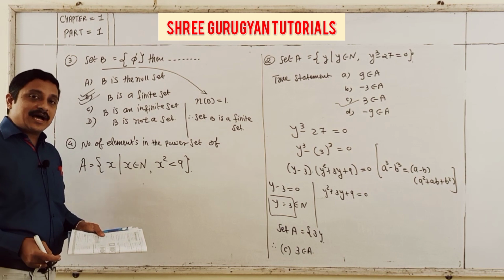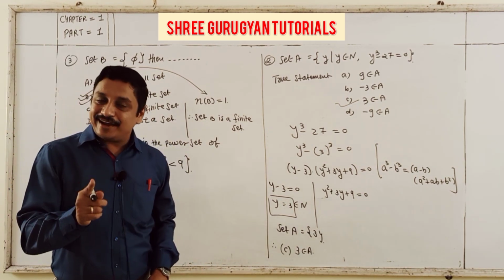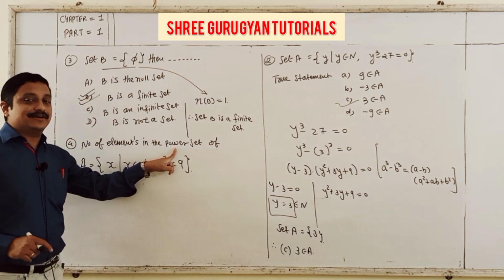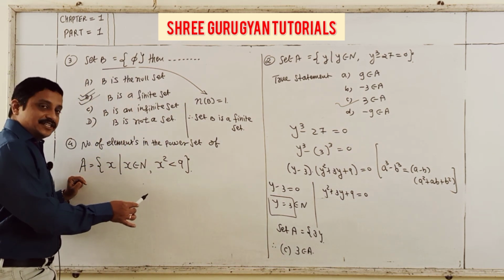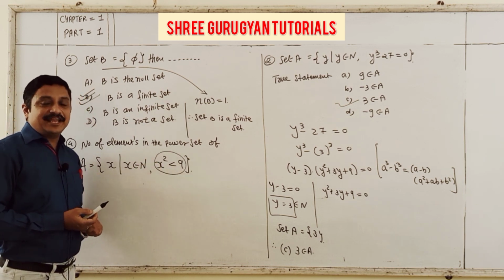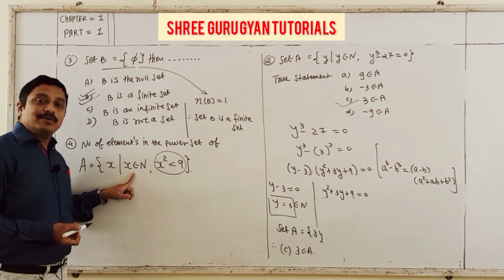And I will explain this question by first defining set A. After that we define the power set. You just look at these conditions. What do they indicate? They indicate x square value below 9 in the natural numbers.